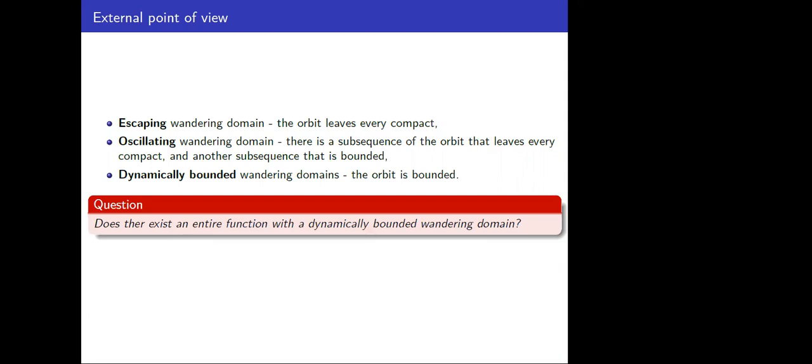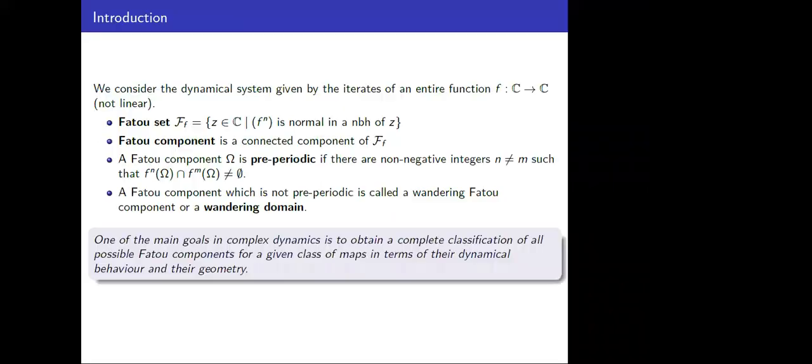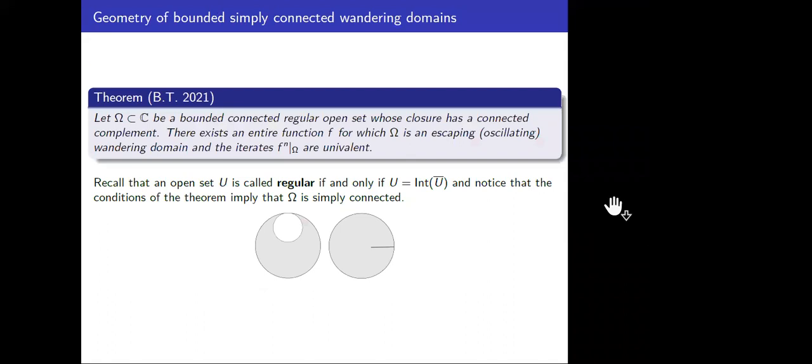But this is not the main focus of today's talk. In my research, I tried to focus on the geometry of wandering domains, and I got the following result. I'll try to explain how I got it and what the idea behind the proof is.